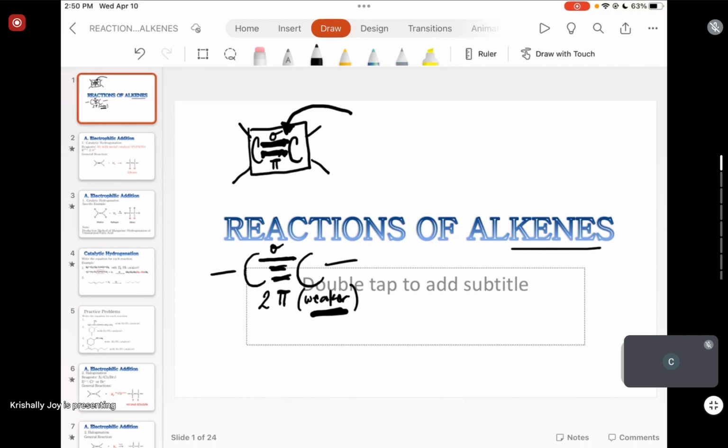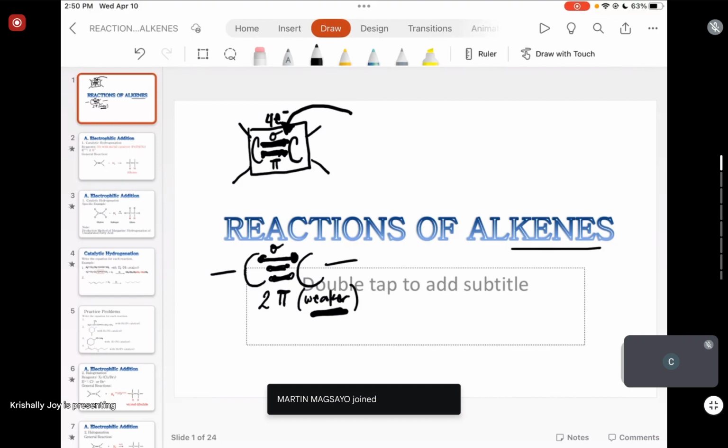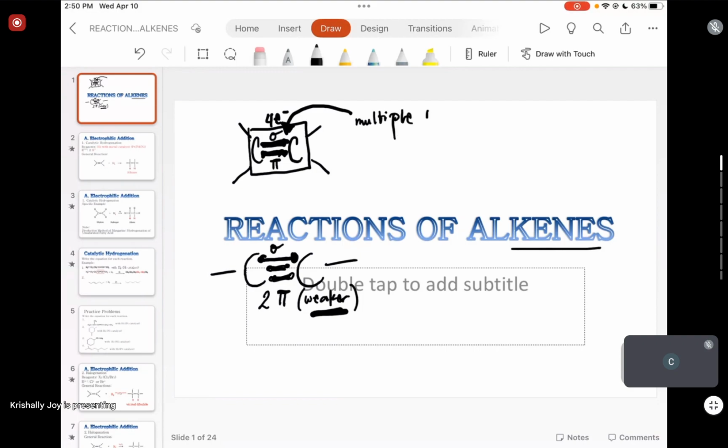Kung double bond, how many electrons na yan? 4 electrons. Lalo lang sa triple bond, mas marami. So, that's equivalent to how many? 6 electrons in between that carbon to carbon nga bonding. So, kapag may presence ng multiple bonds, that multiple bond tells us na electron-rich yung portion na yan.